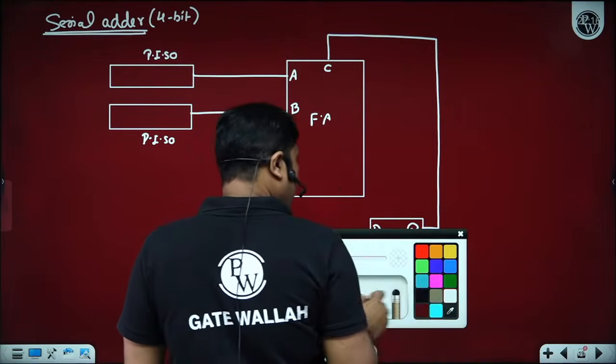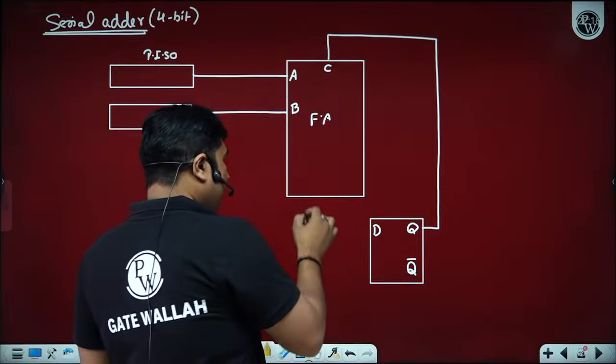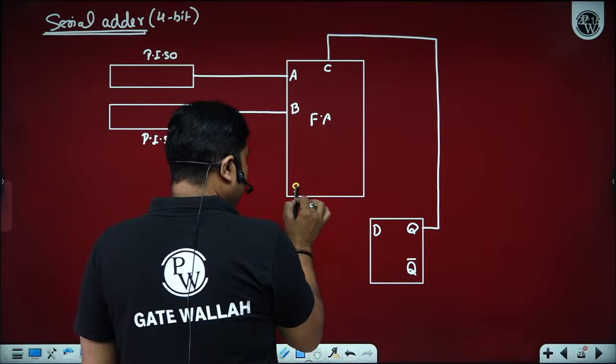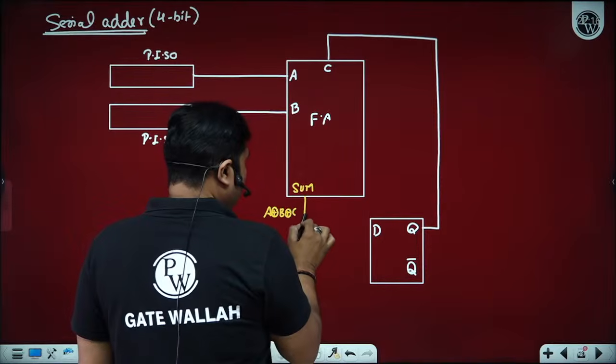So we have A, B, C. Now it provides some bit, which is nothing but A XOR B XOR C. We all know this.